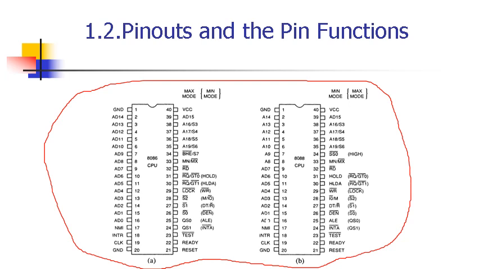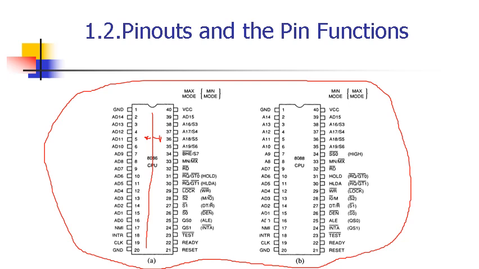And we'll see now, each processor is packaged in such a way that 20 of its pins are lined up on the left hand side and the other 20 are lined up on the right hand side. So we have 40 pins, 20 of them lined up to the left hand side and the other 20 pins are lined up to the right hand side.